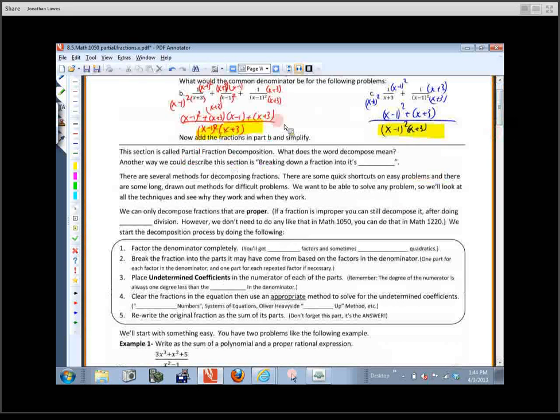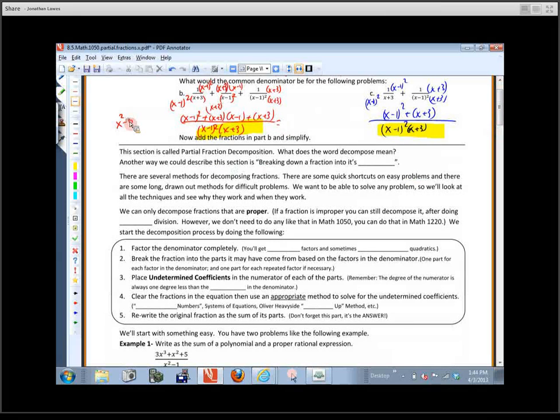Let's go ahead and add these together. This would be x squared minus 2x plus 1. X squared minus 2x plus 1. And then this middle term would be x squared. Let's see, I'd have a plus 2x and a minus 3. And then I'd have an x plus 3. Is that right?